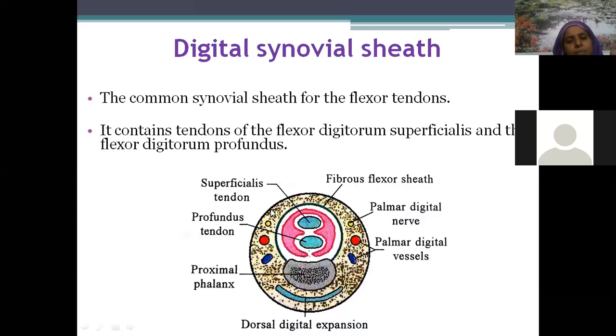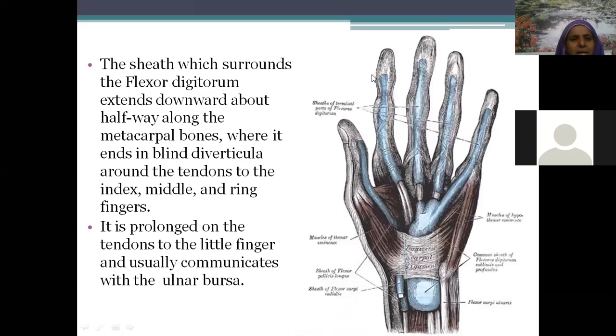Already I told you this. So the sheaths are surrounding these tendons, and they form blind diverticula. Basically they are not in communication with bursae, but sometimes they may also communicate.